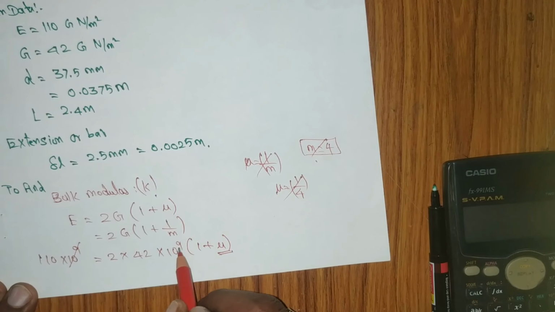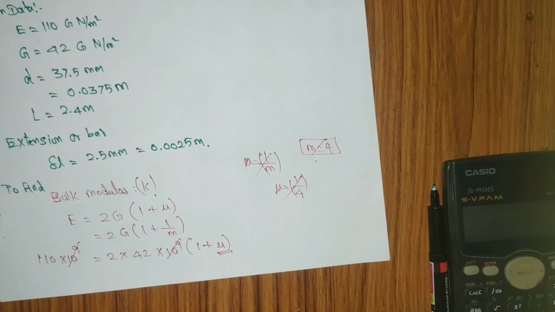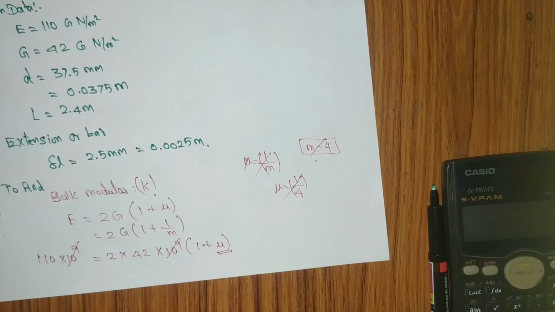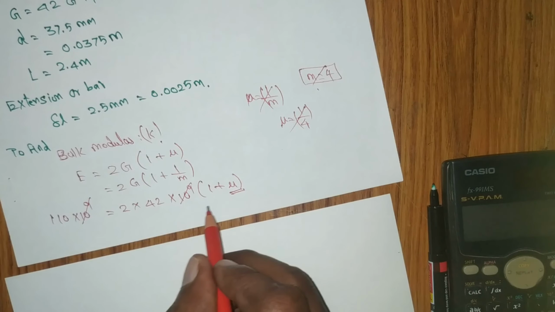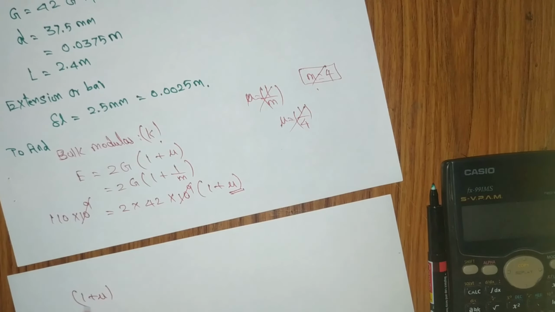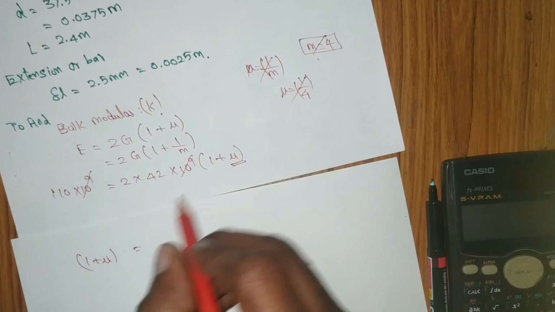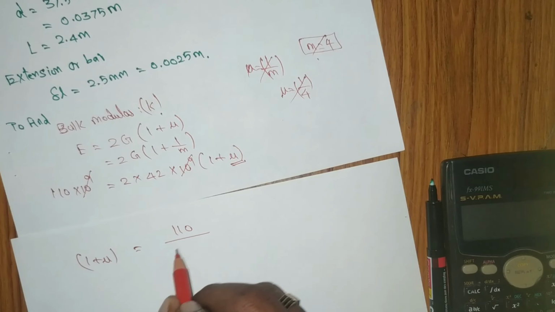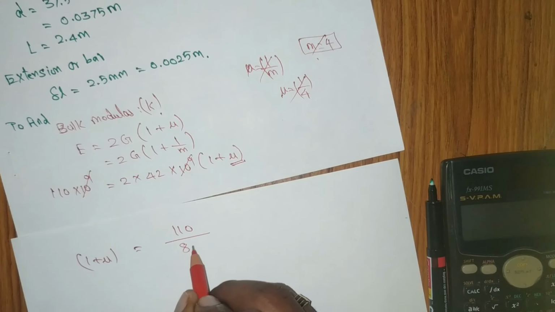So we cancel the common terms, and if you solve this, we will get 1 plus mu equal to 110 divided by 84.